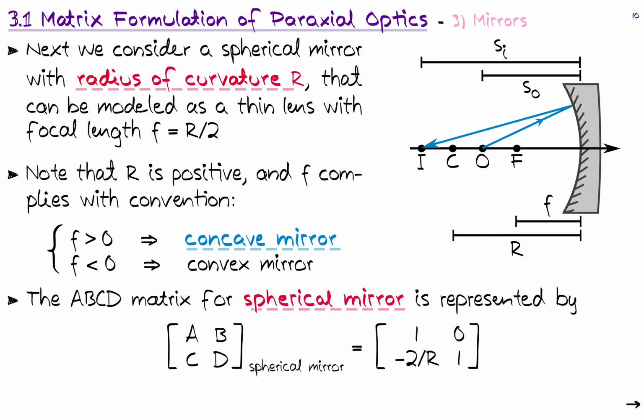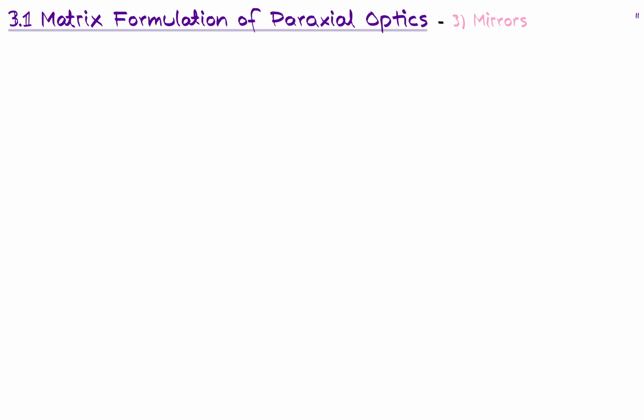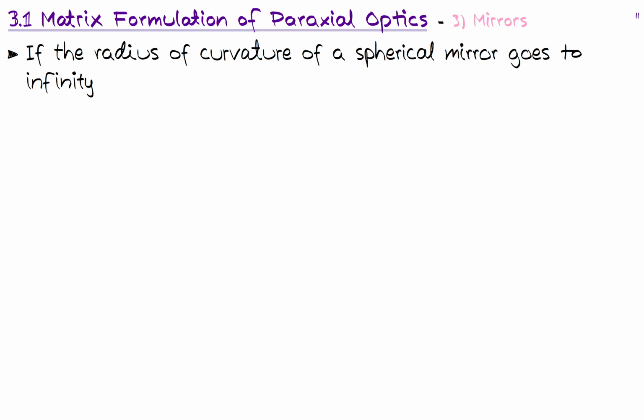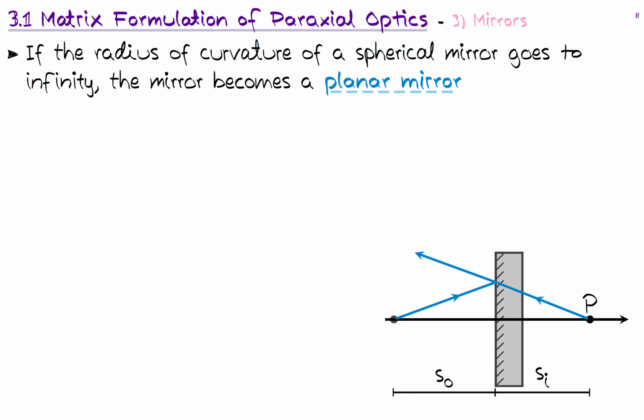And then finally, we start generalizing. So what happens when we have even more complicated cases? Okay, we do have more. If the radius of curvature of a spherical mirror goes to infinity, the mirror becomes a planar mirror. So this is the final case of ABCD matrices for mirrors, described in that figure.